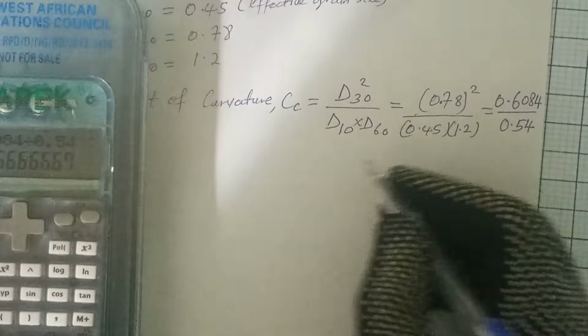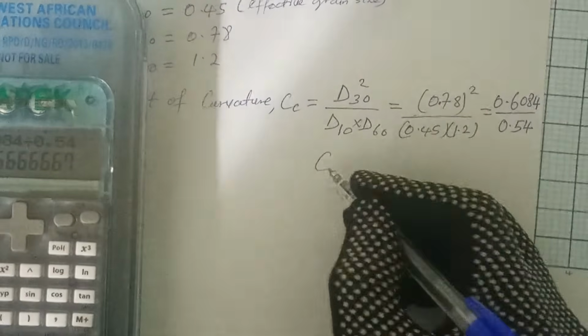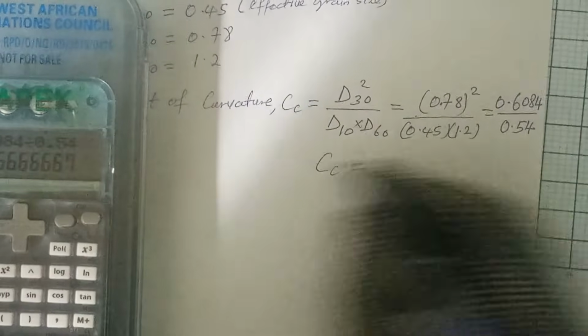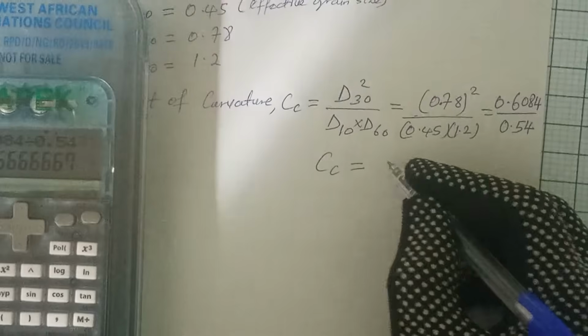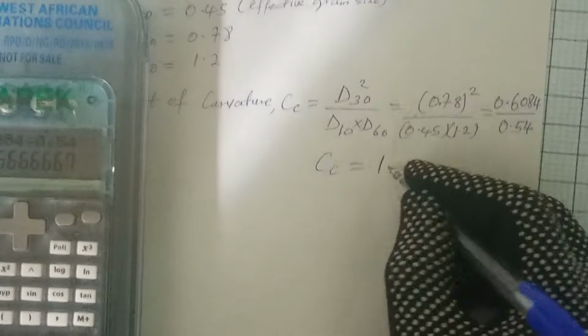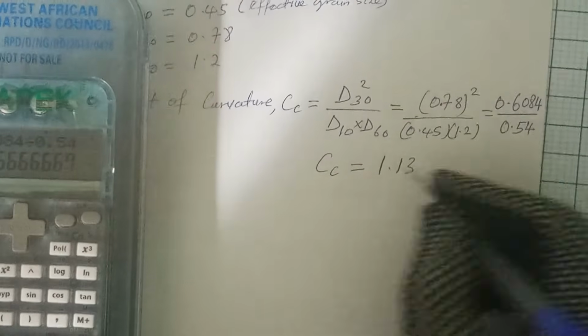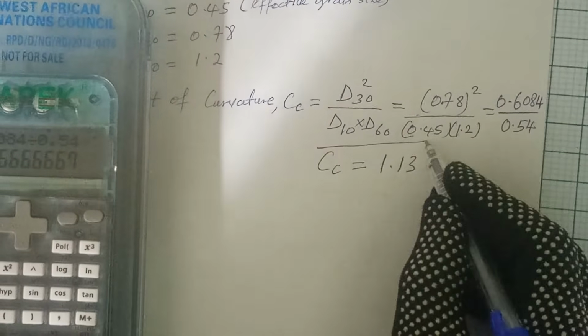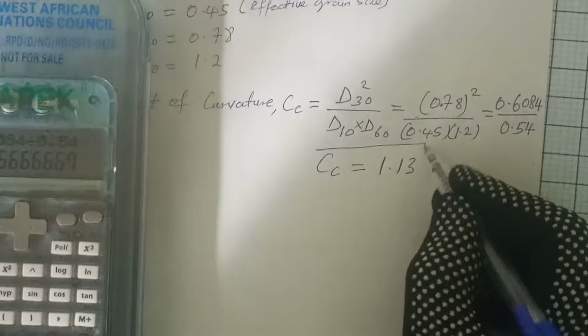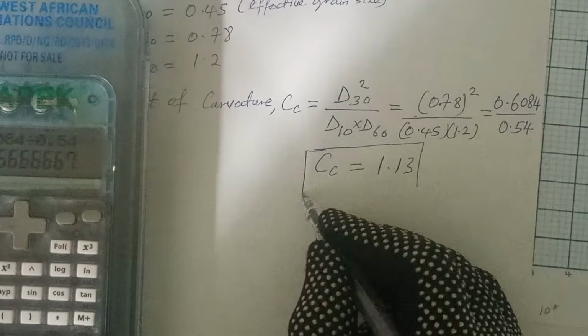So approximately CC is 1.13. So this is the value for the coefficient of curvature.